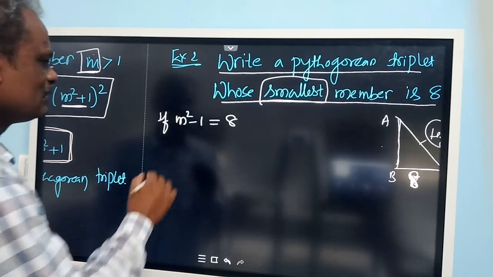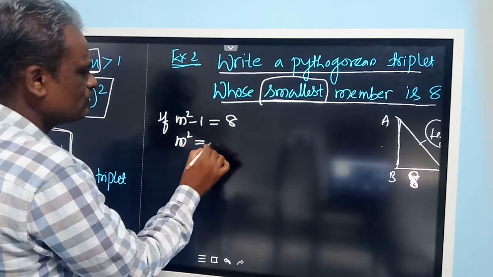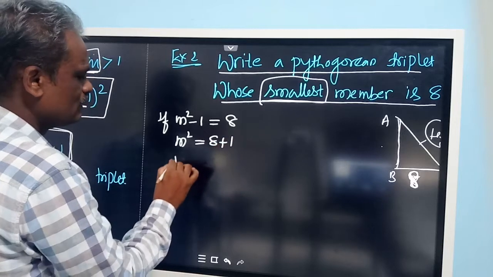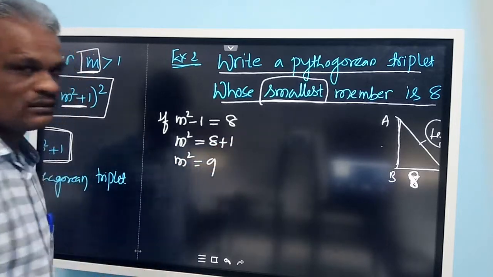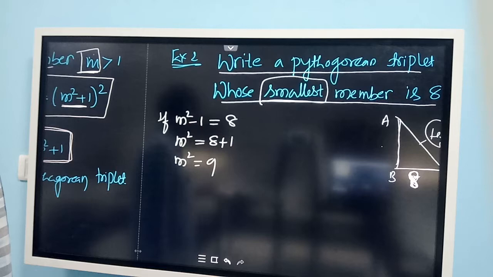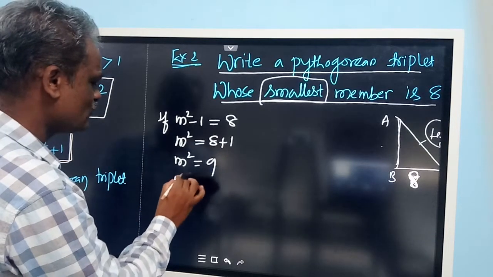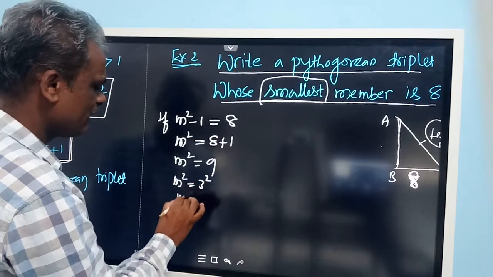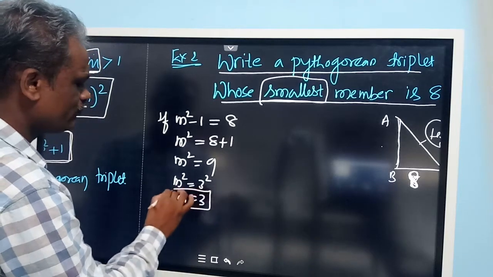If that is the case, m square will be equal to 8 plus 1. So m square is equal to 9. Isn't it? m square is equal to? Yes, sir, 9. So that means m square is equal to 3 square, so m is equal to 3 you are getting.